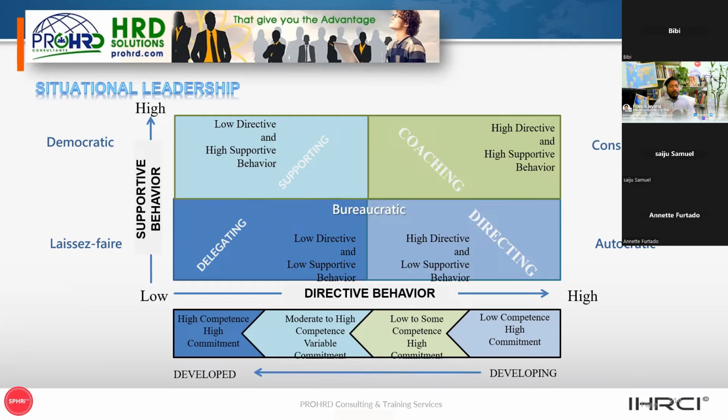Then supporting. In supporting, the scenario is that employees possess the skills, smart guys, but exhibit low willingness or commitment. What should be your approach? The leader focuses on motivation and building confidence. Supportive leadership involves understanding the reasons for resistance, why they are resisting.